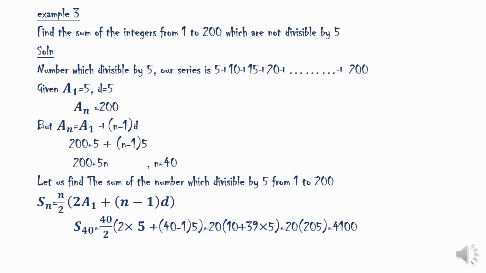After multiplication and addition there, you get 205 times 20, you get 4100.